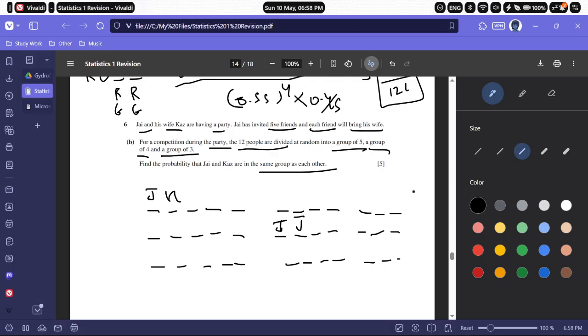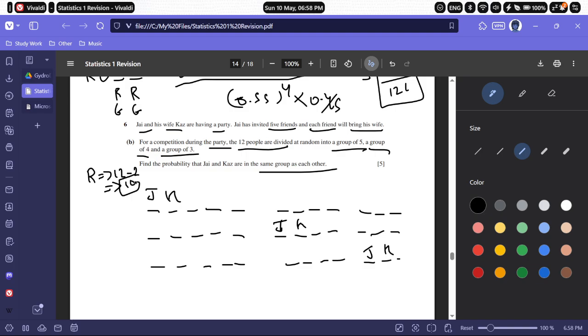Okay, moving on. So you can have J and K in the second group, or they can be in the third group. Now for your favorable outcomes, just think about how you'd arrange the remaining people. You have 12 people in total, so remaining are obviously, wait, let me just write it because you guys will refer to this as well. So 10.